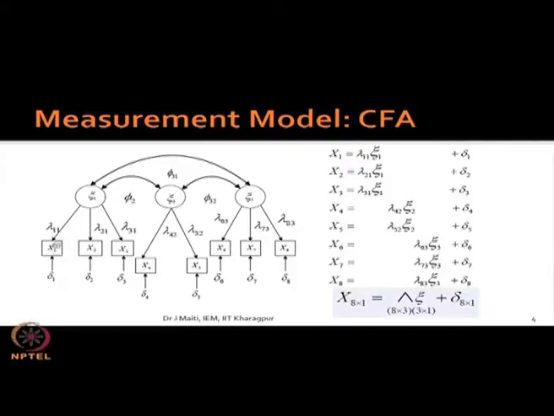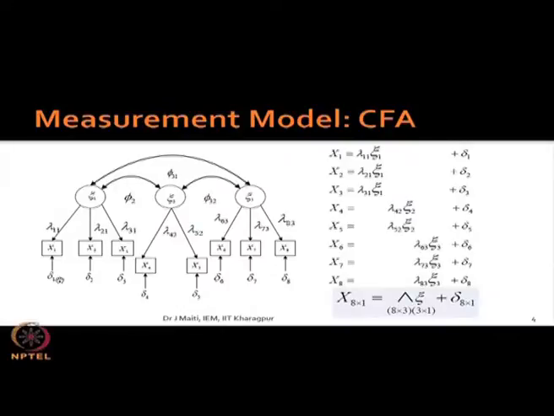Okay. So, it is not possible that the variability of x1 will be fully explained by xi1. There is a possibility of some other variables or hidden causes which may affect x1, or we can say the error part, noise part, and all those things are considered by delta 1.